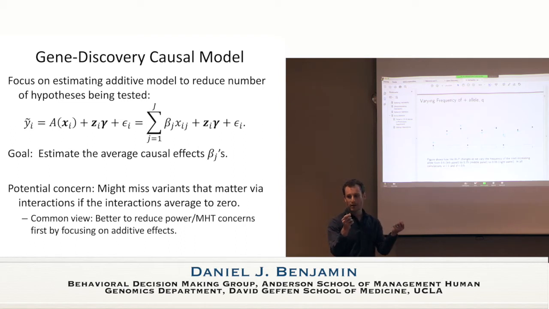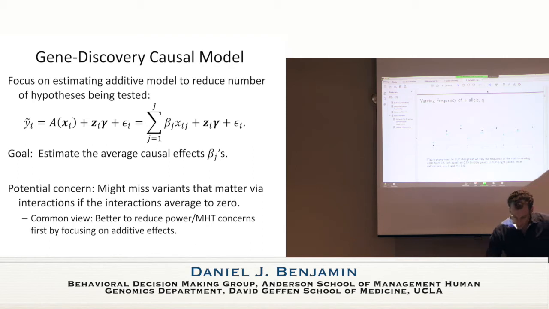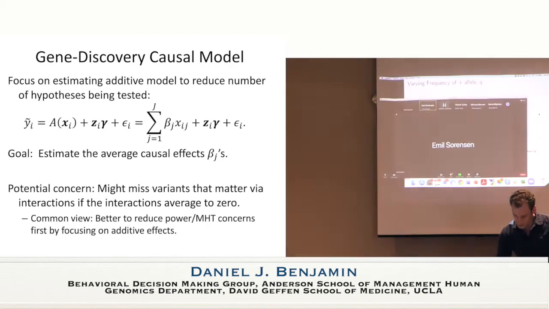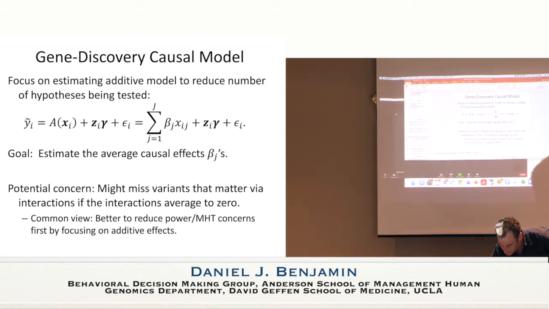You're going to capture most of the variation that you would get from having the interaction. So there are reasons to think that the additive model is going to be a good approximation for complex phenotypes, and it's costly to try to estimate the additional parameters. That's why the focus has been on the additive model.